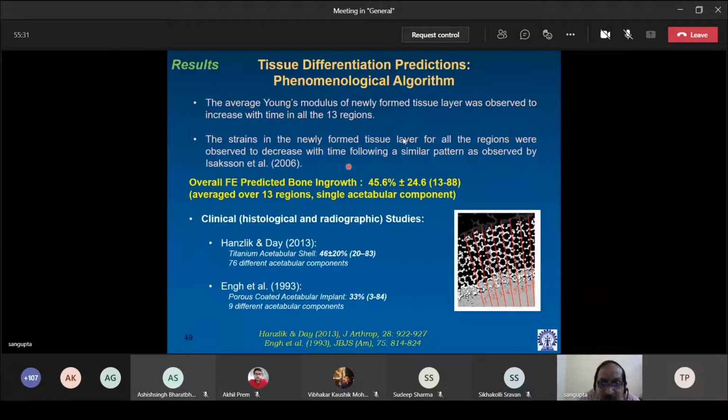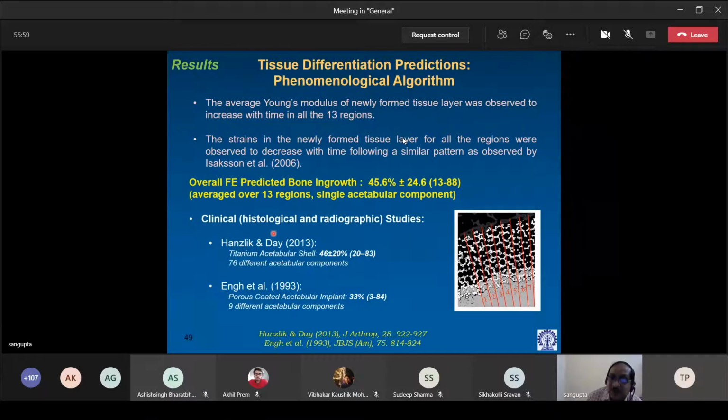Overall, the FE predicted bone ingrowth in our study was about 46%, averaged over 13 regions, in a single acetabular component. Whereas the clinical studies, mainly histological and radiographic, indicated about the same value, around 46%, in 76 different acetabular components.